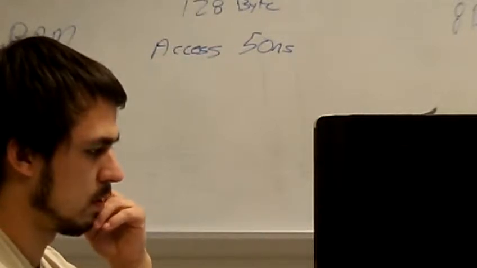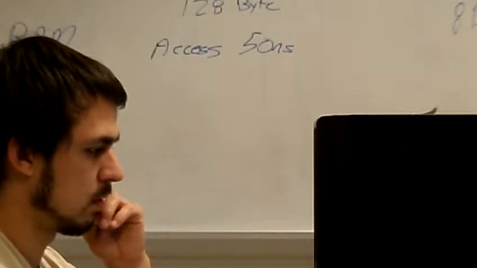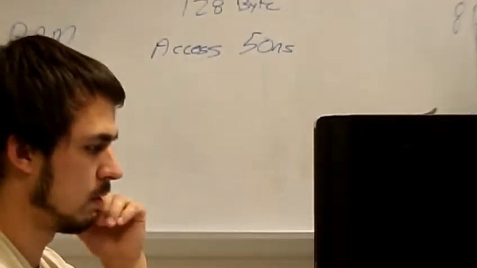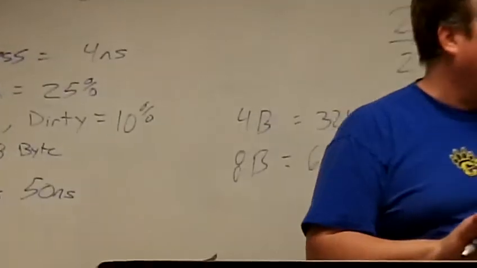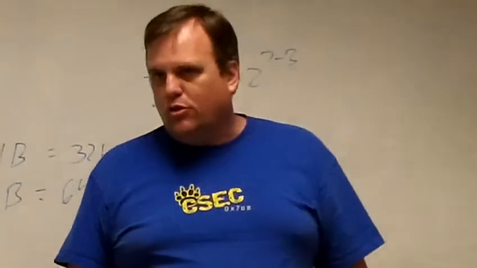What does DDR mean? Double data rate, right? That means I can transmit on the high and the low pulse. So on that clock, when it goes high and when it goes low, I can send a different transmission each time. So essentially, I can transmit twice as much as I normally do.